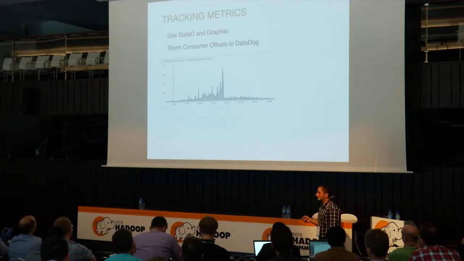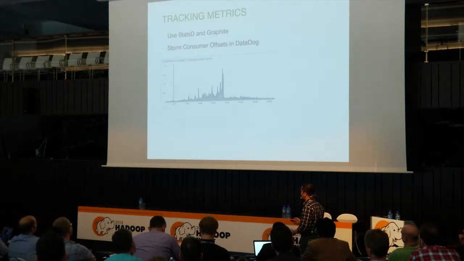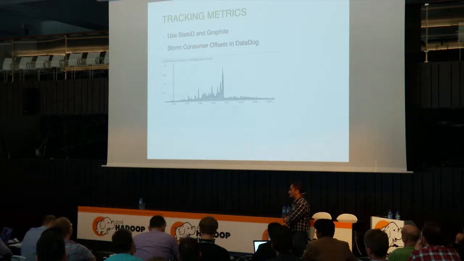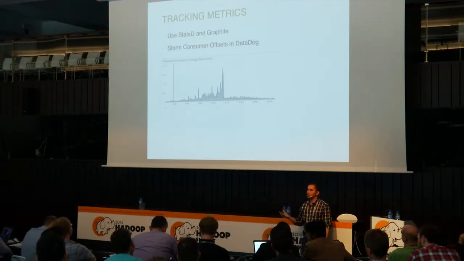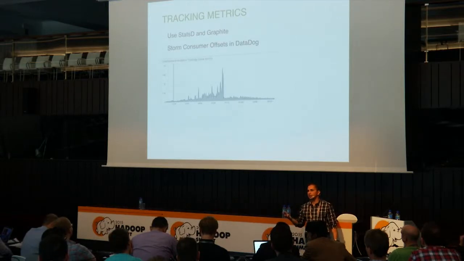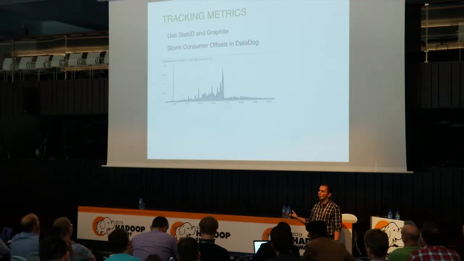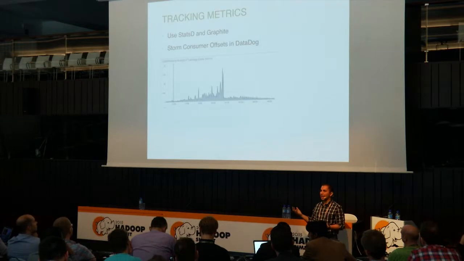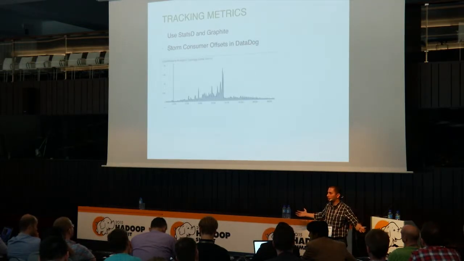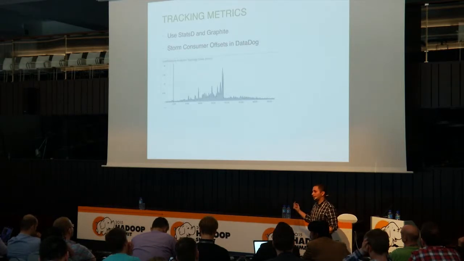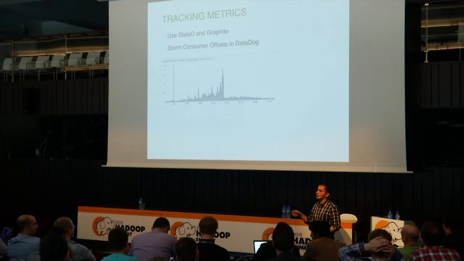So we use a tool called Datadog to monitor this. But basically what happens is Kafka has an idea of a consumer group. And basically a consumer group in Kafka is saying, hey, I'm a consumer and I have multiple consumers which are going to try to take data from a Kafka topic.